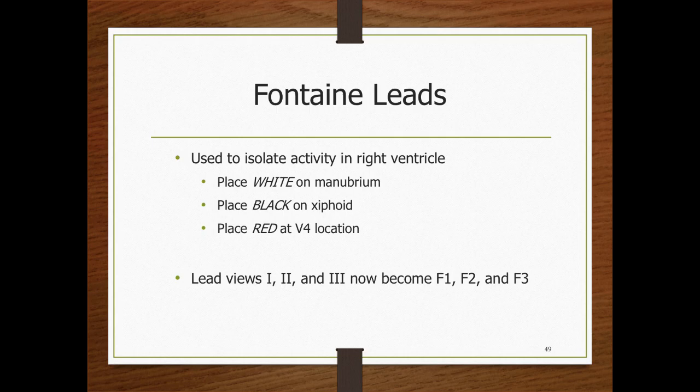So replacing and moving our white, black, and red electrodes again from their normal placements, our white is going on the manubrium. Our black lead is going right over the xiphoid, and then our red lead is going at our normal V4 location. So where we normally put V4 is now where we're putting our red lead.